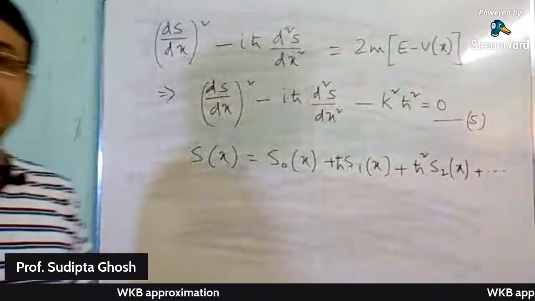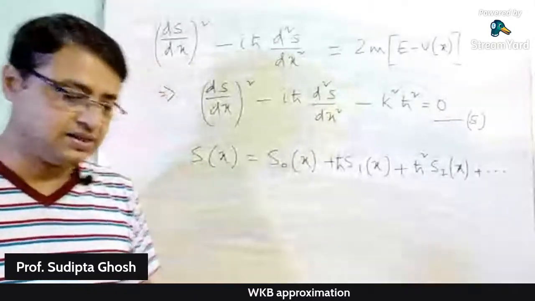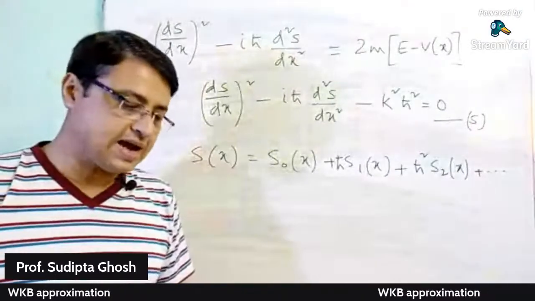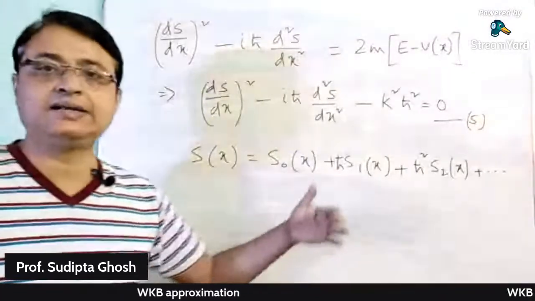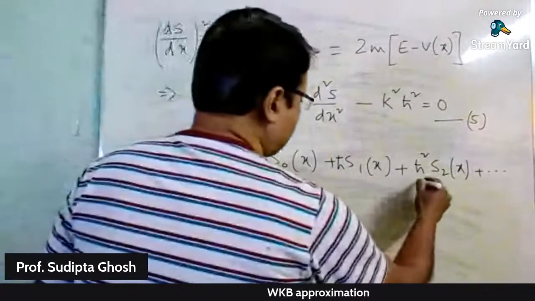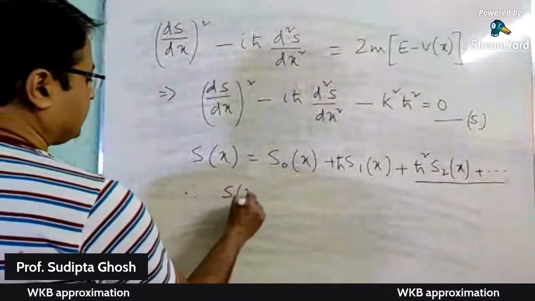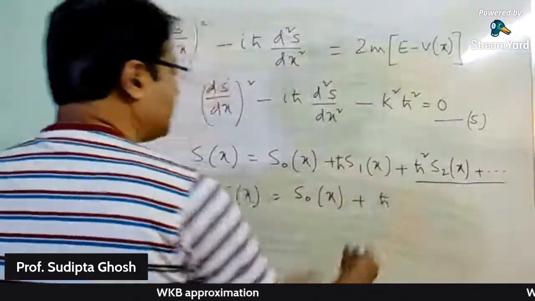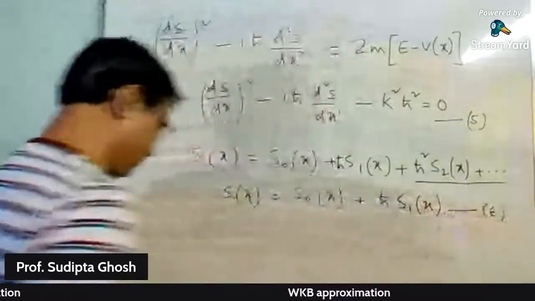Now here I have neglected the higher order terms because ħ is small, so the terms containing ħ² and higher powers of ħ can be neglected. Therefore, neglecting the ħ² term and so on, we keep these two terms, that is s(x) = s0(x) + ħ s1(x). Let it be equation 6.